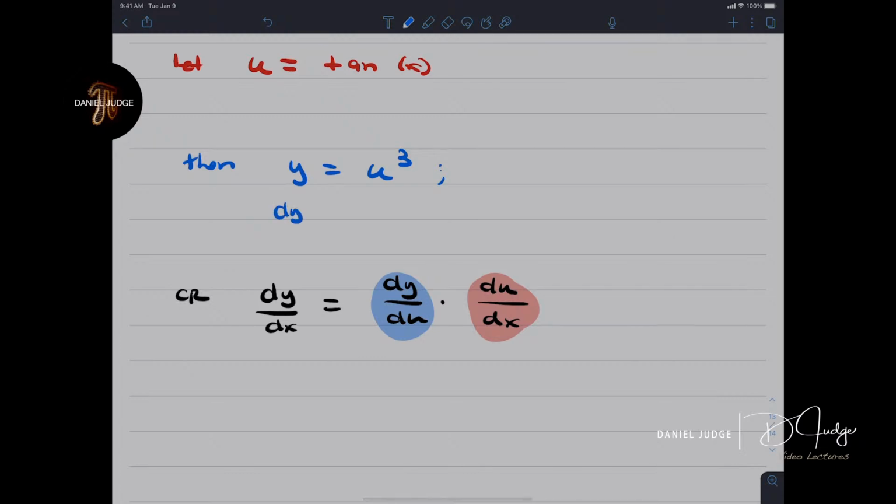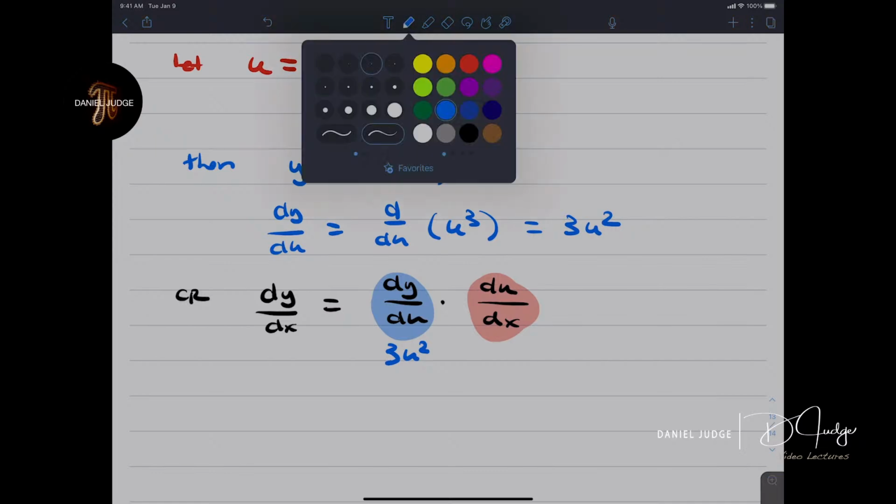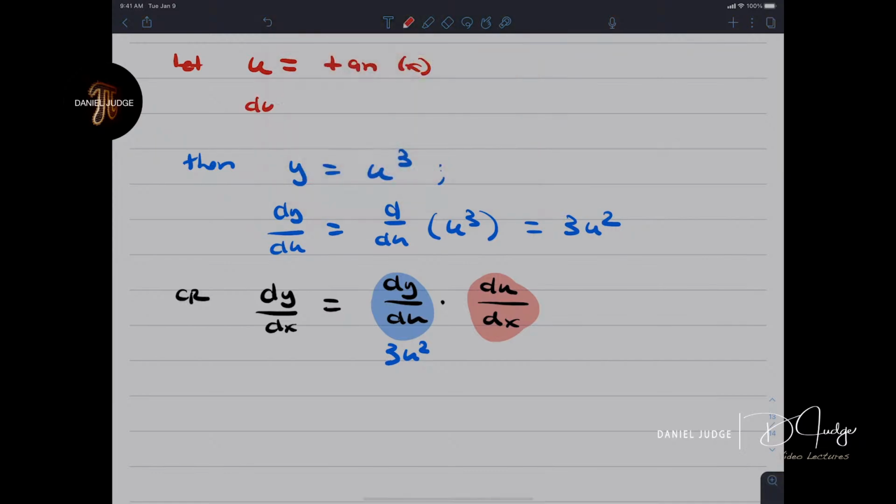So dy du becomes d du of u to the third, which is 3u squared. So this portion is 3u squared. Power rule. Du dx, derivative of tangent. And the derivative of tangent is secant squared.